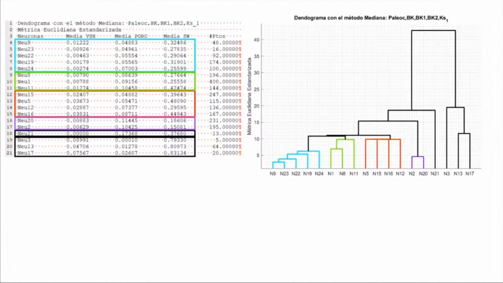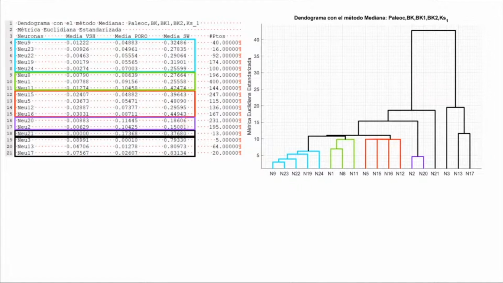The cluster number 2 with neurons 1 and 8, and the cluster number 4, neurons 2 and 20, are the neurons that have very clean values of V shale, good porosity values, almost 10%, and water saturation values of almost 30, or in this case 15 to 18.